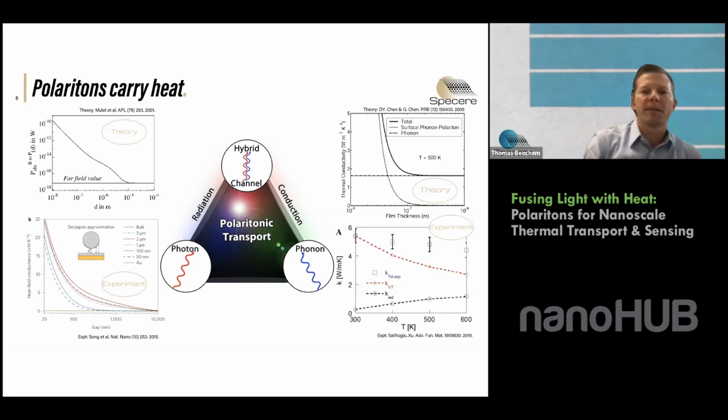And really this work was kicked off by Gang Chen's group at MIT in the early 2000s, where he showed, as I'm showing up here in the right-hand corner, that as you get down to about 10 microns, or even 50, as you get to these submicron levels, the phonon polariton is actually carrying more heat than the phonons within SiO2.